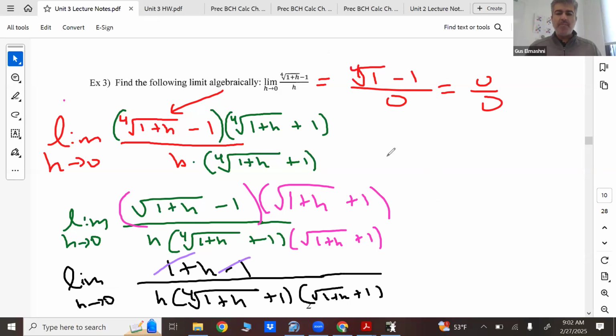So now you have the limit as h approaches 0 of h over the 4th roots.